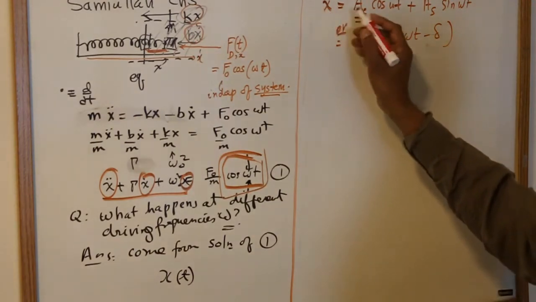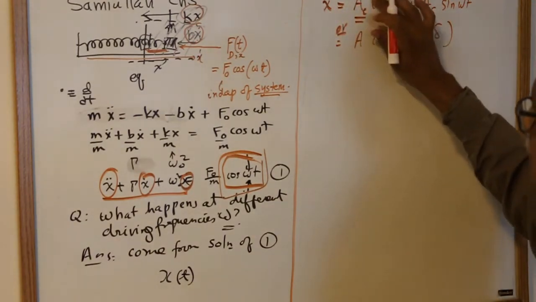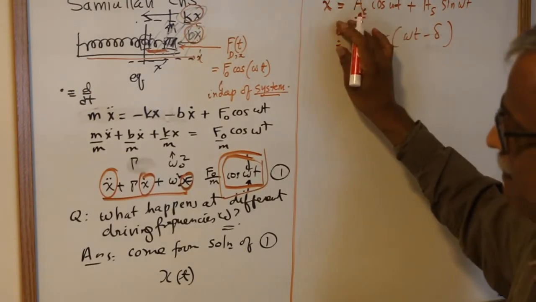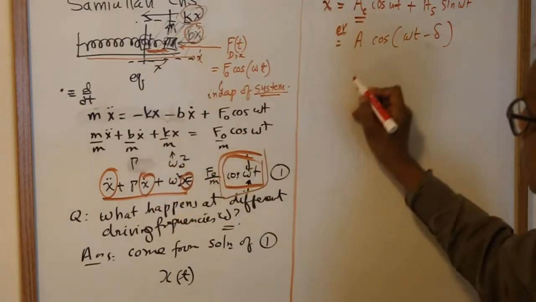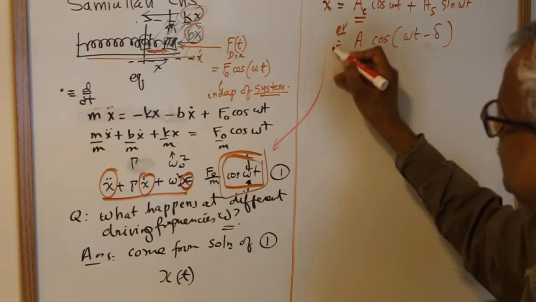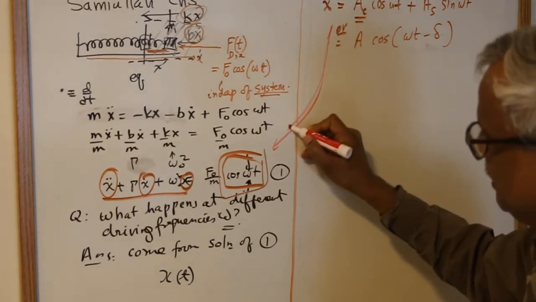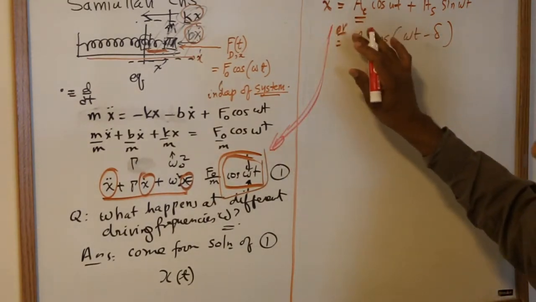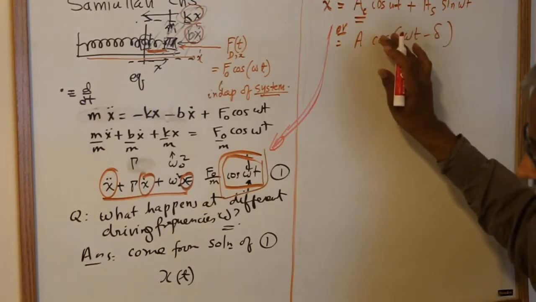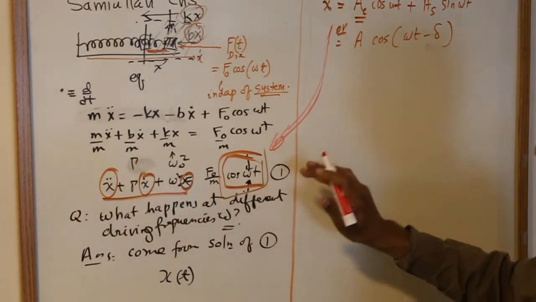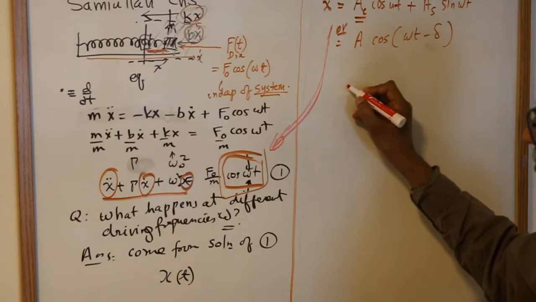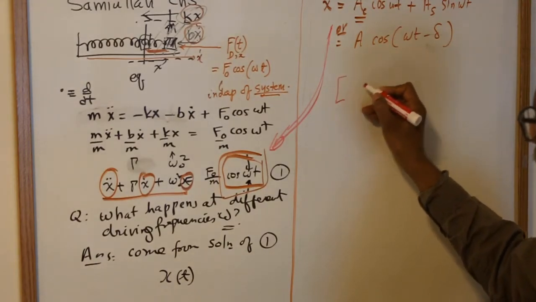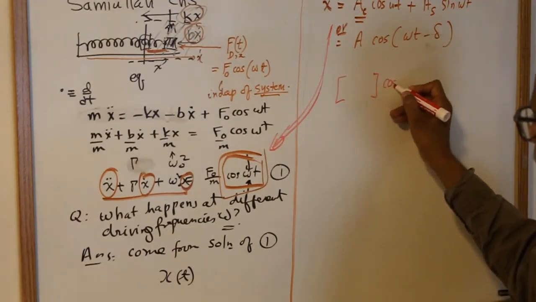What I'm going to get when I plug this or this in there, on the left side, to figure out what kind of these I might need so that this is solvable, is some constants times cosine omega t.